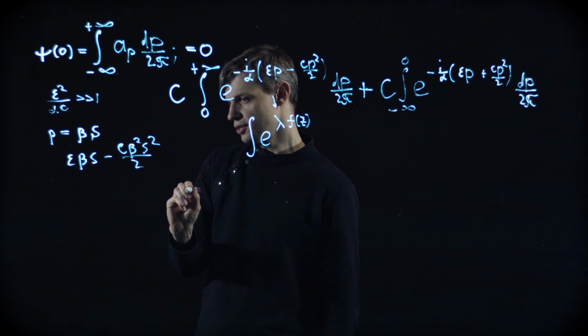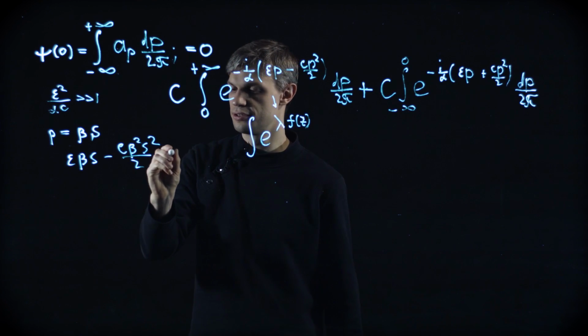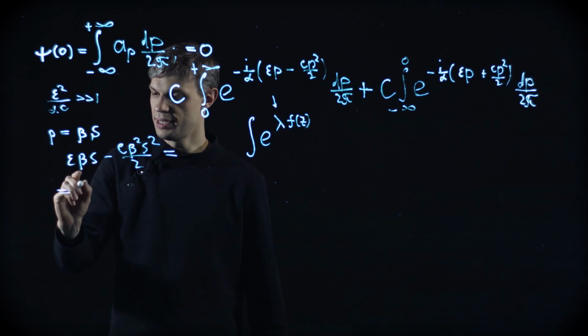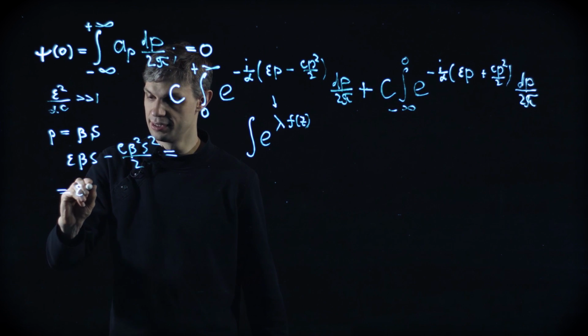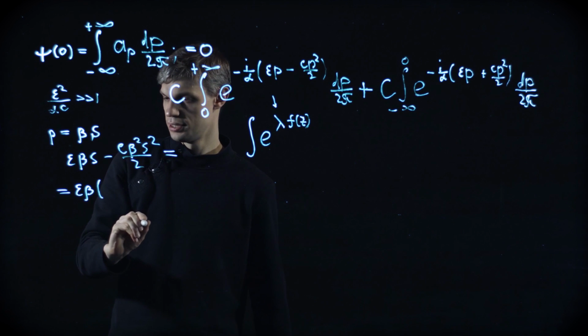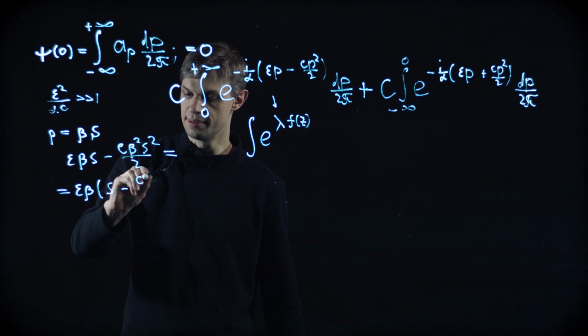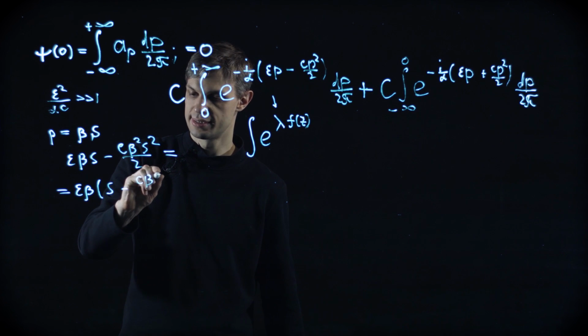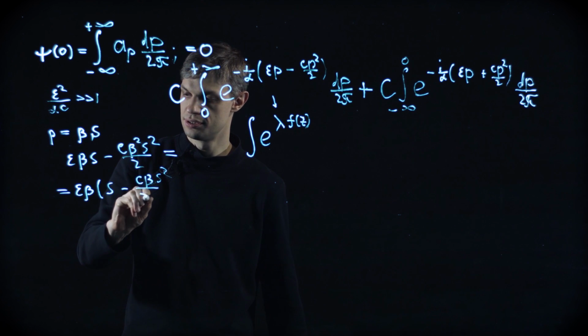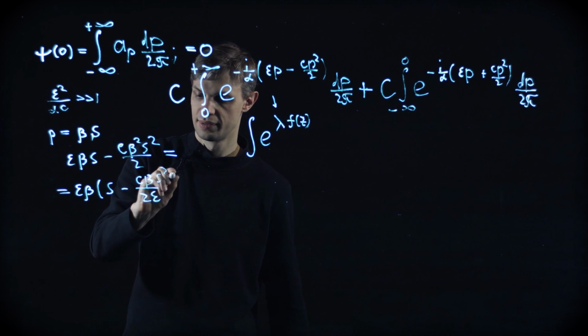In order to factor out everything, we first factor out epsilon beta to get 1 minus c beta s squared over 2 epsilon.